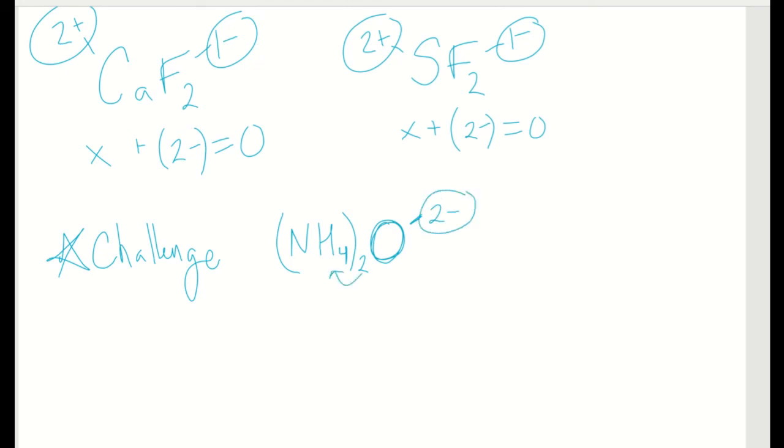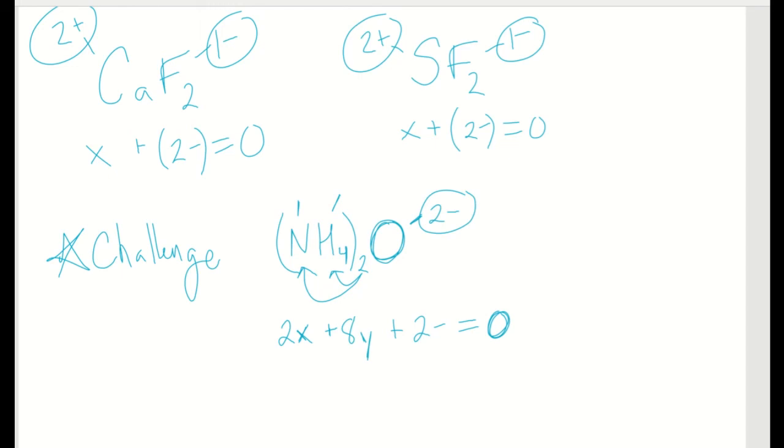So then looking at this 2, it distributes to the N and the H, right? So we're going to have 2X for the N, and then we're going to have 8 of these hydrogens. So I'm just going to use Y for the hydrogen. So 2X plus 8Y plus 2 minus equals 0.